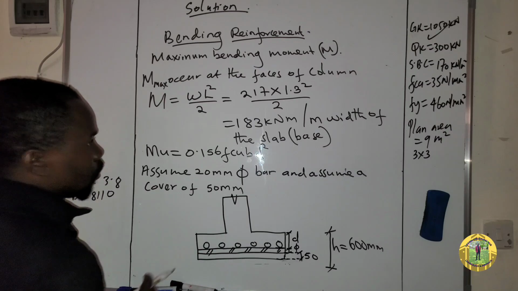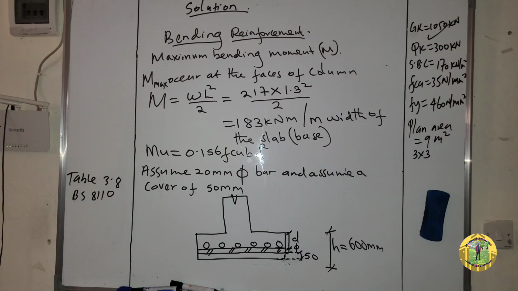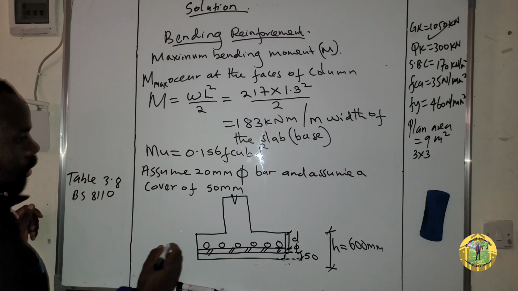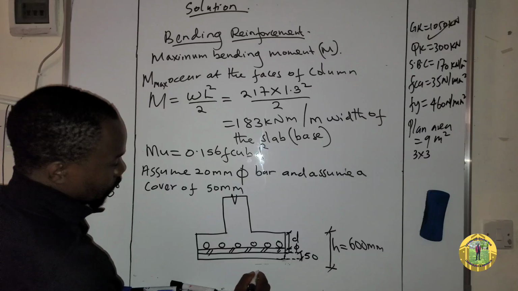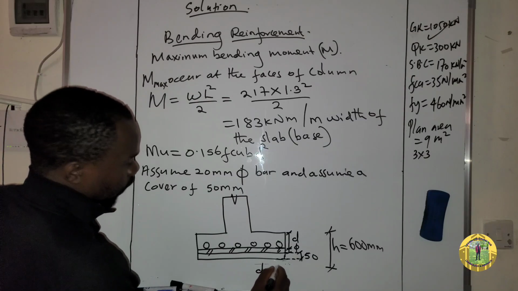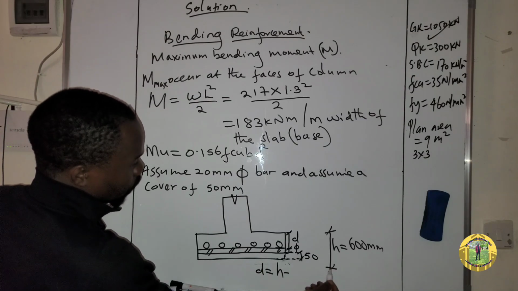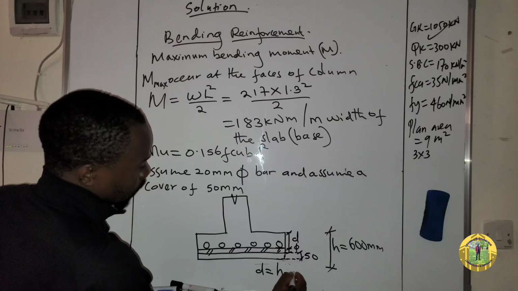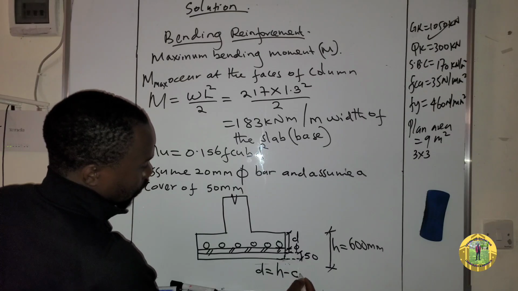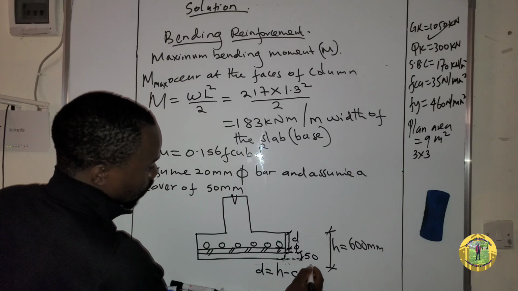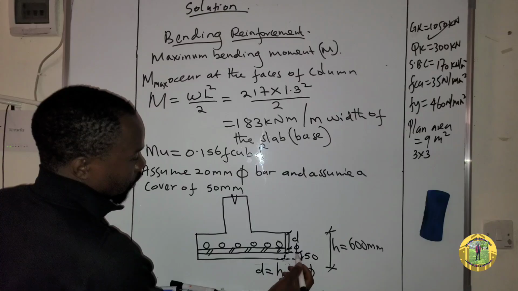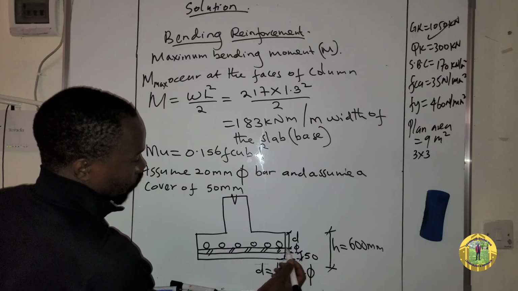In fact, all of them will be of the same diameter because it is a square. So D is equal to H minus C minus diameter, from here to here.